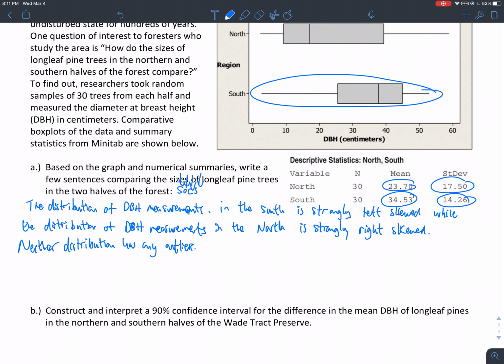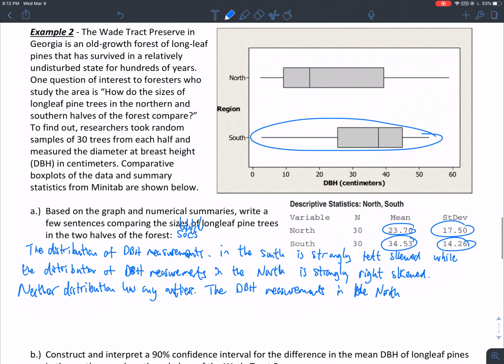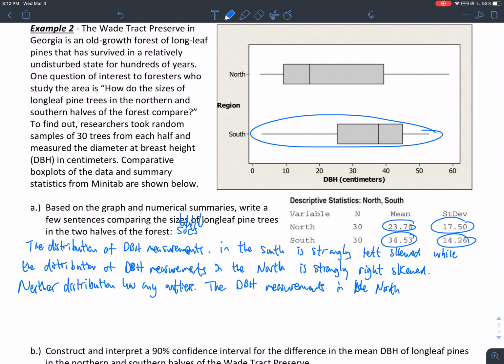So we say the DBH measurements in the north have a lower mean, and look at the median.